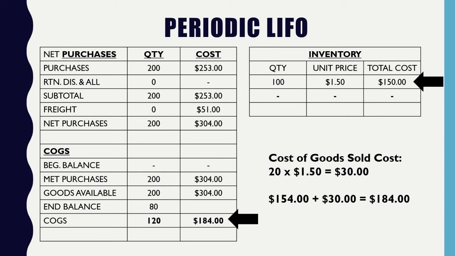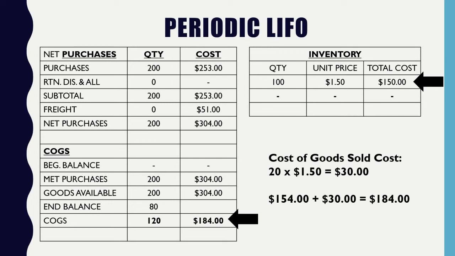So I'm going to take my 20 items and my cost per item of $1.50, and solve for the amount, which gives me a total of $30. So when I calculate 154 plus $30, I get a grand total of 184 as my total cost of goods sold.